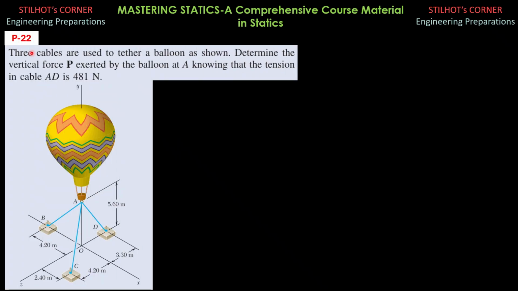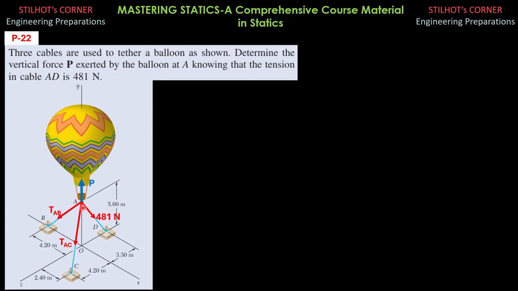So last problem, 22. Three cables are used to tether a balloon as shown. Determine the vertical force P exerted by the balloon at A, knowing that the tension in cable AD is 481 newtons. So let's have the free body diagram of point A as shown.